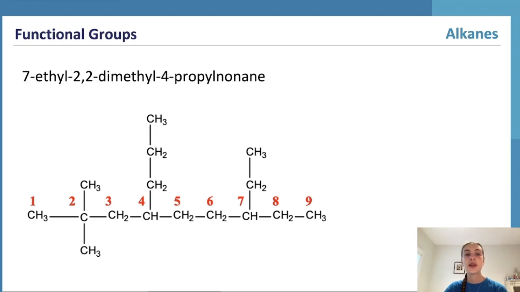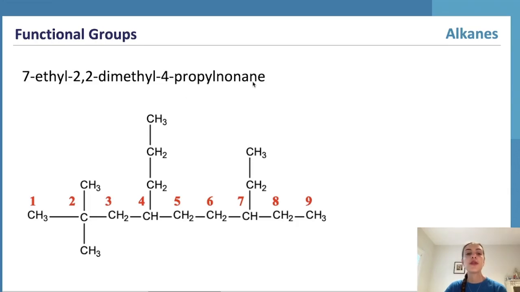The next one we're going to look at looks very, very complex when you first look at it, but when you break down the naming of this one, it's actually a lot simpler than it first appears. We can see here that we've got a molecule which is named 7-ethyl 2,2-dimethyl 4-propylnonane.